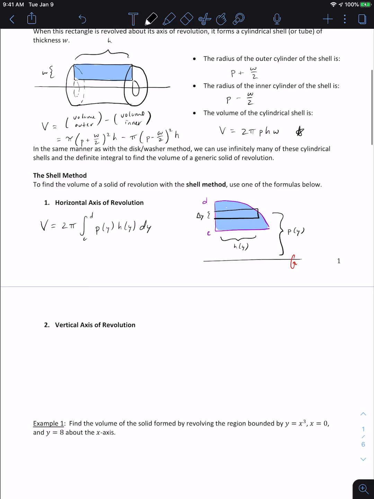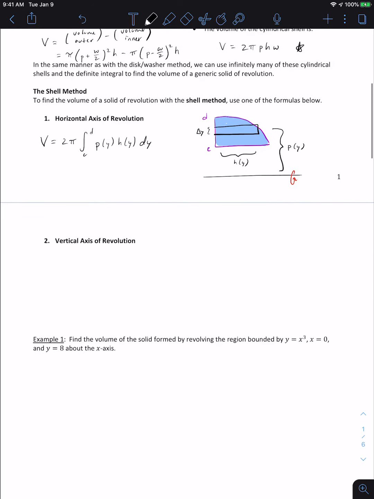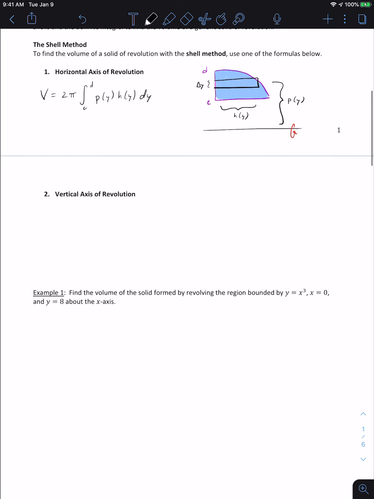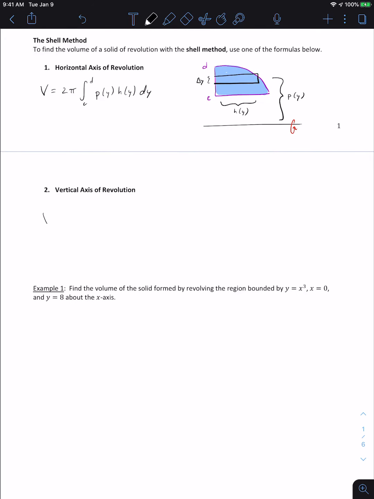So now in the case where I have a vertical axis of revolution, right, we haven't drawn any pictures of this yet, but we will here. If I have a vertical axis of revolution, my formula actually changes so that everything is a function of x, right? So I have p of x and h of x. So in this case, I now have a vertical axis of revolution, right?